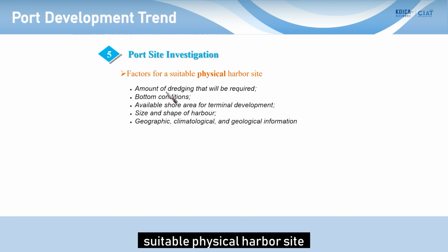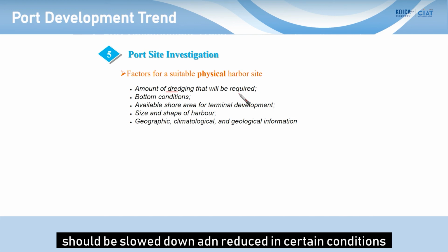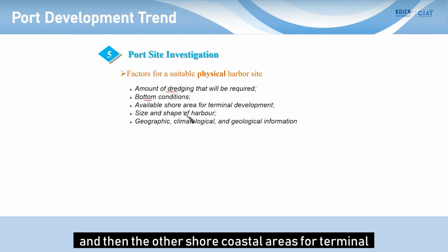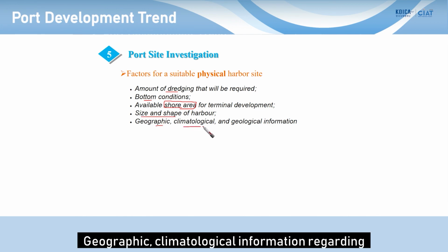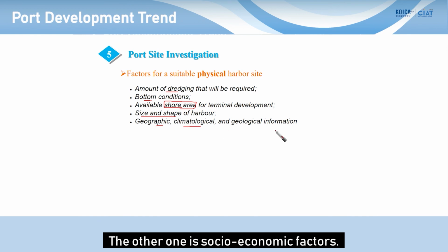Dredging should be slowed down and reduced. Bottom conditions, and then the other shore coastal area for terminal development. The size of safe harbor, climatological and geographical information regarding the site.